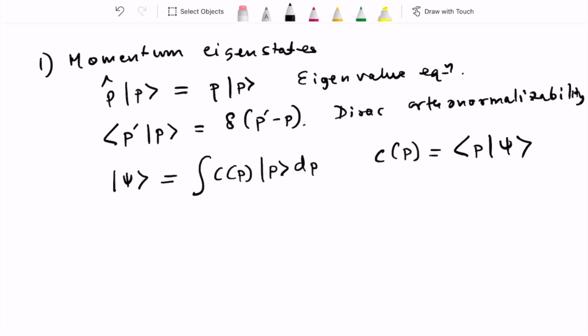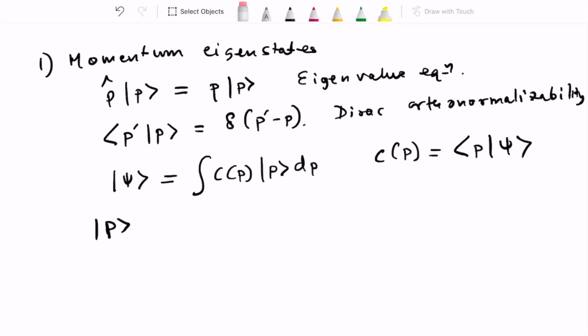All right, and then one more thing we saw: when I write a |p> like this, this is an abstract state. There is no formula for this |p>. It just refers to the eigenstate characterized by momentum p. Now, you can go to different bases and write formulas for these states. We only looked at the position space.